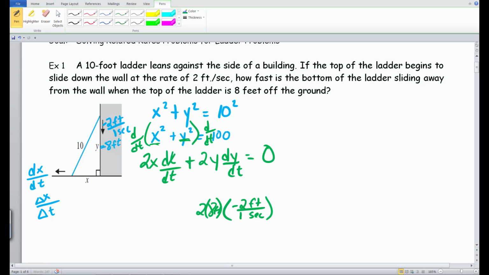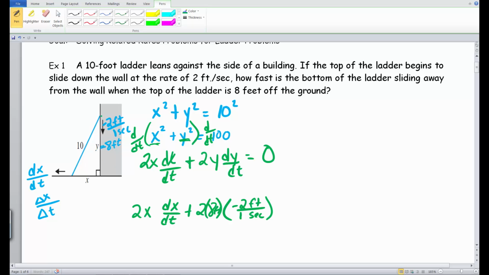And again, that's being multiplied by 2. Now, we have no clue what our change in x over change in time is. That's actually what we're really trying to find. We also don't even know really what x is. Right now, it's just x. But we can use something to help us in finding out what x is.